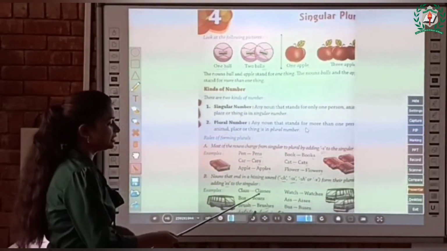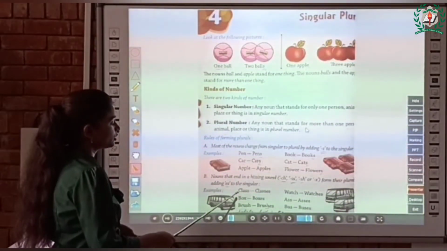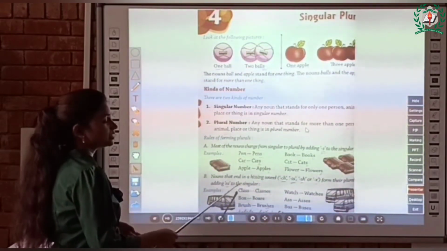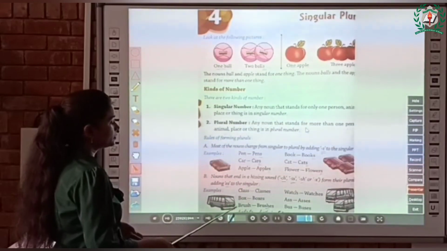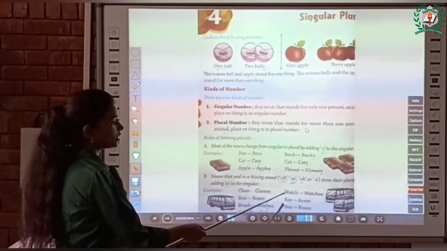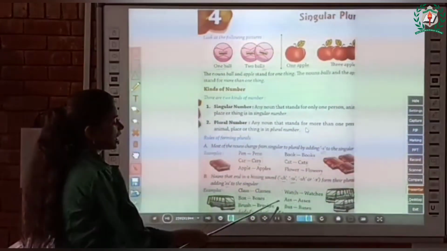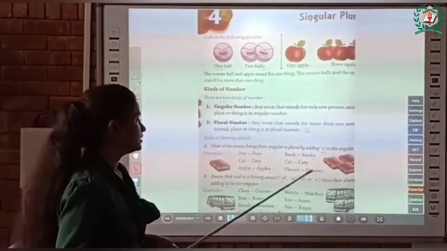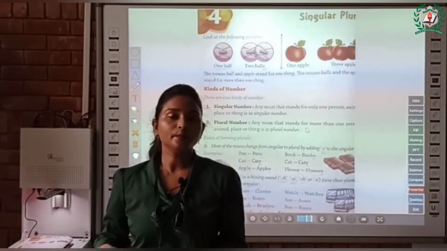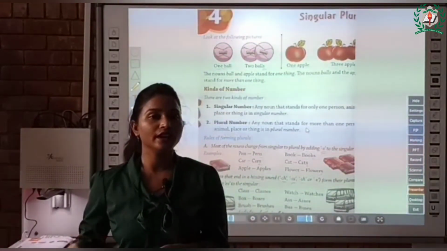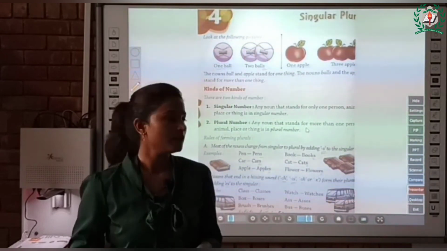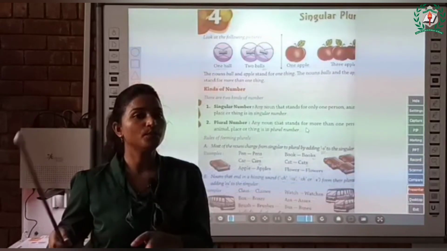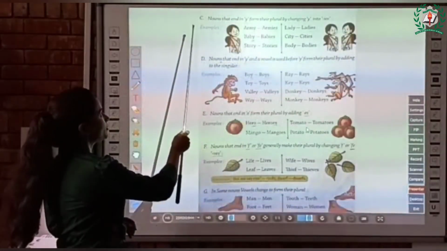By adding es after ss. So class becomes classes. Box becomes boxes. Brush becomes brushes. Watch becomes watches. Ass becomes asses. Bus becomes buses. So children, by adding es to the end of the singular naming word, we can change a singular noun into a plural noun.